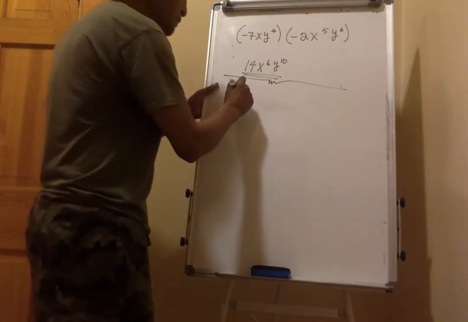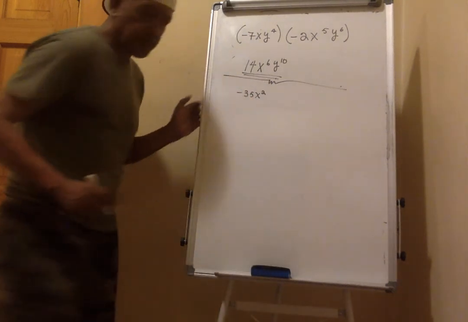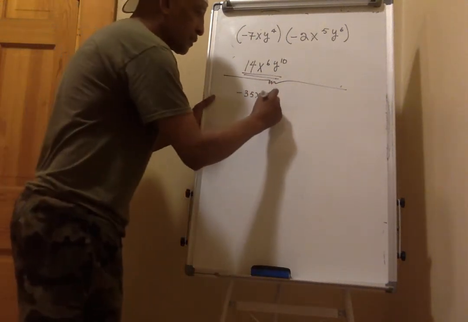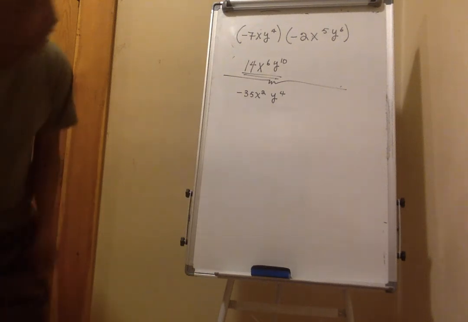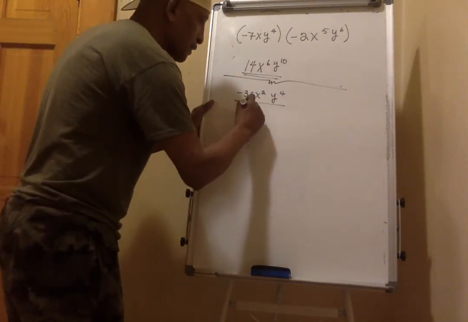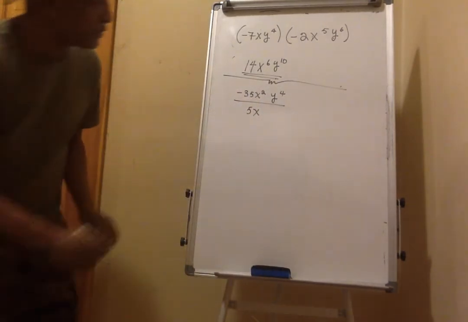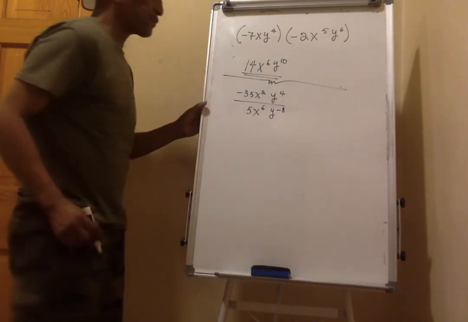Now let's do negative 35x squared y to the fourth and 5x to the 6, y to the negative 8.